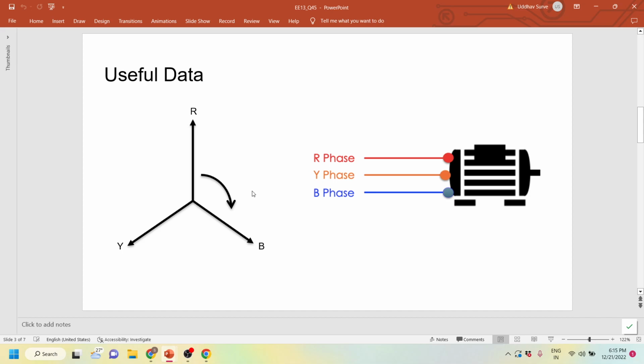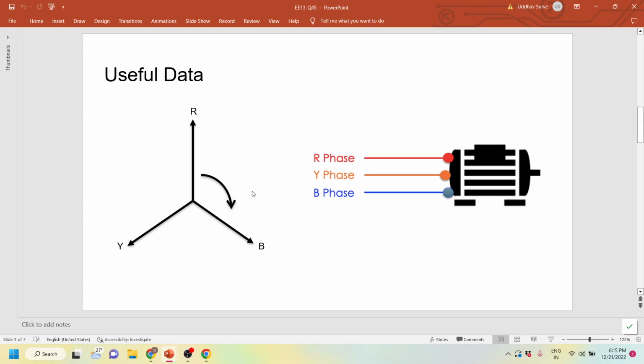Typically the rotor tries to chase the rotating magnetic field induced due to the positive sequence. Whereas when a negative sequence is present, it induces a magnetic field which is opposite to the direction of the positive sequence of the supply.